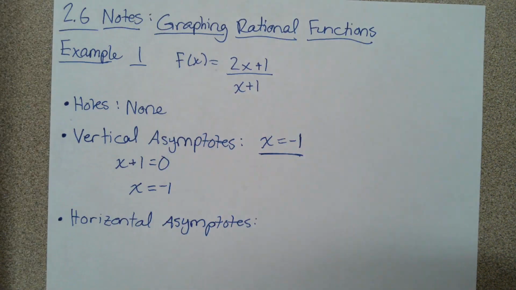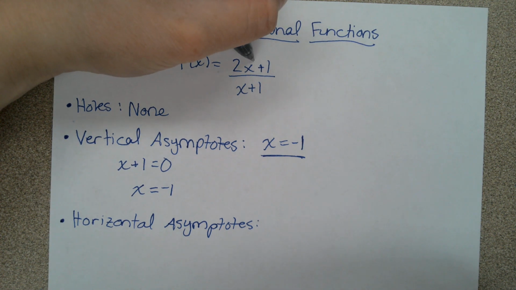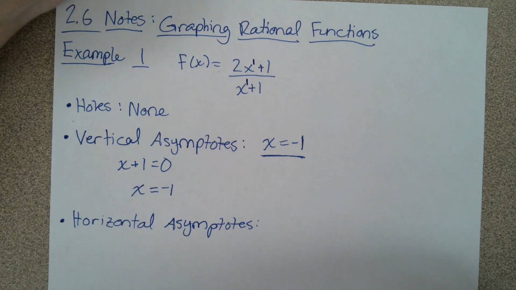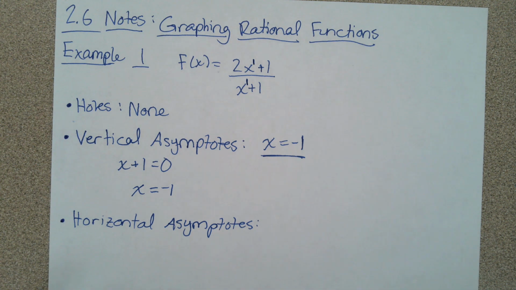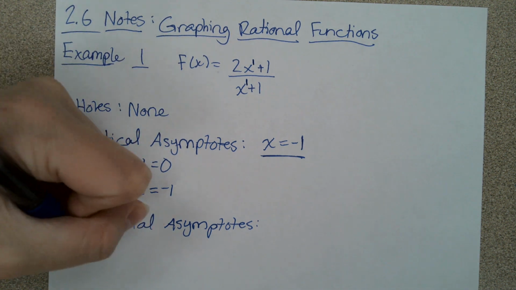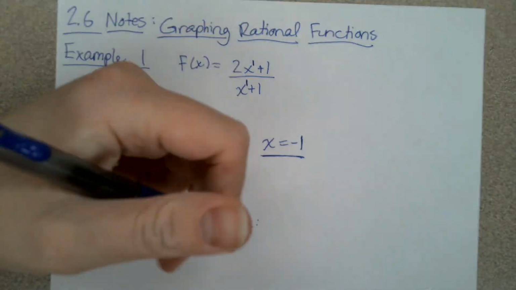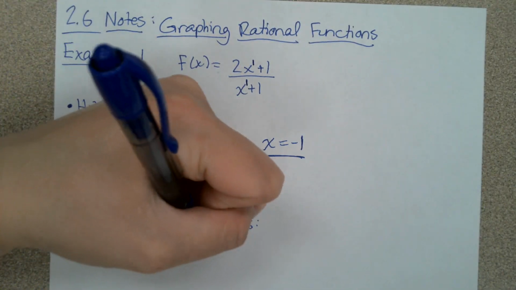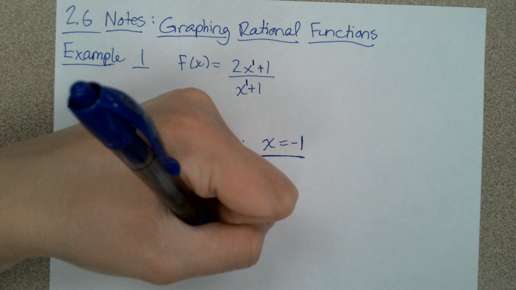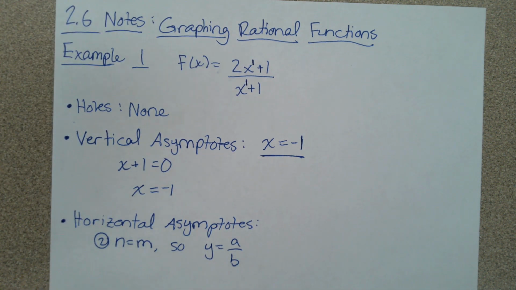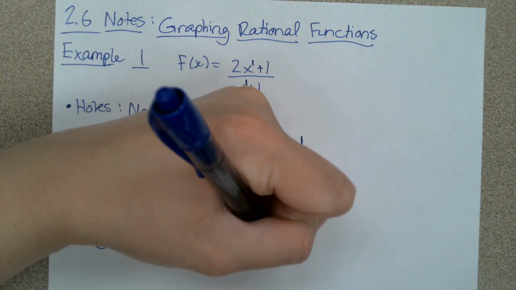So let's look. The highest exponent on the top is 1, and on the bottom, it is also 1. These are equal. So we have case number 2 on the paper, n equals m. So y equals a over b. And these are the leading coefficients.